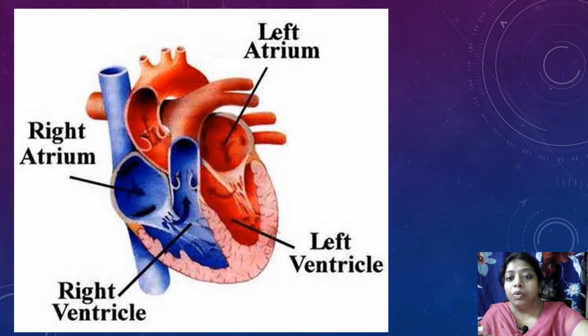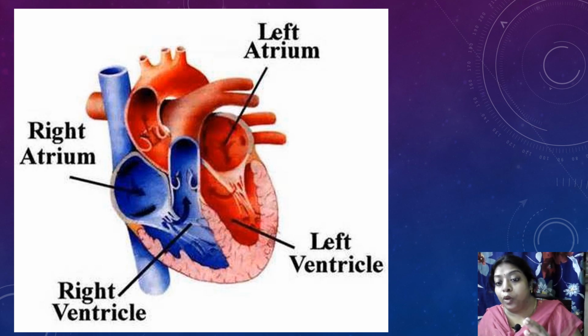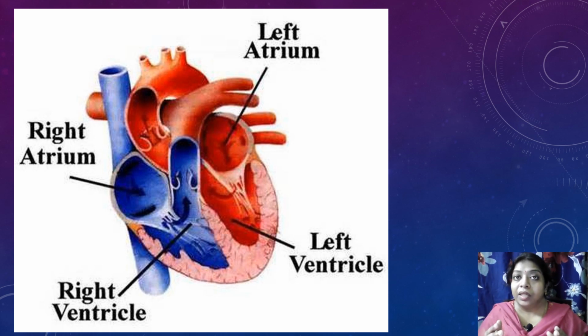Let's see the valves of the heart. What are the valves of the heart? The heart valves are biologically made, and these valves allow the blood to flow through the heart in one direction, ensuring that all the blood gets where it needs to go.